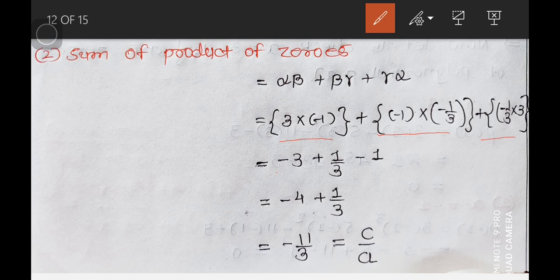So 3 into minus 1 is minus 3, minus minus becomes plus, and the 1 over 3 and 3 are cancelled, then we get minus 1 minus 3 and minus 1 is equal to minus 4, plus 1 over 3. At last we get minus 11 by 3, and we know that minus 11 is C and 3 is A.